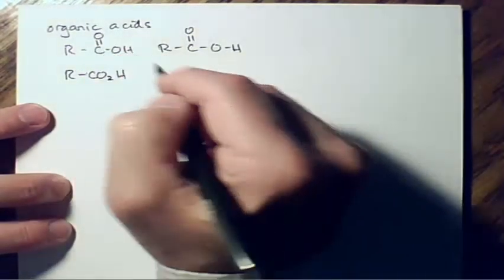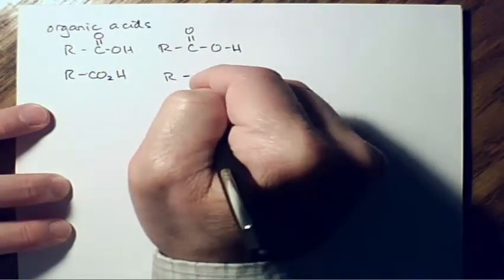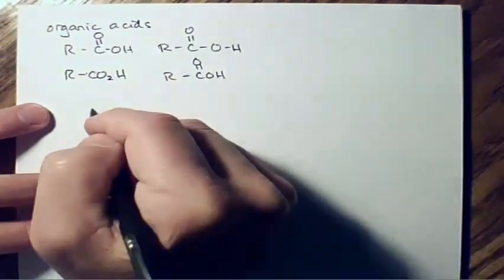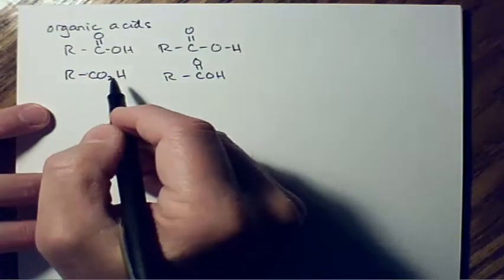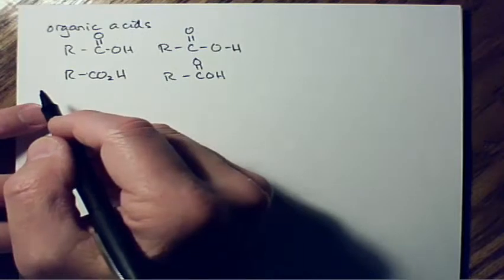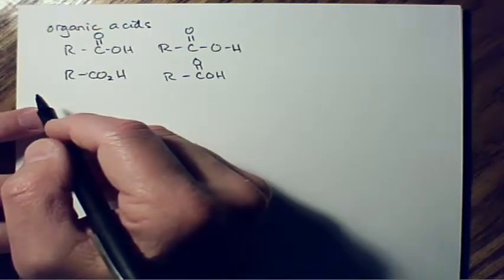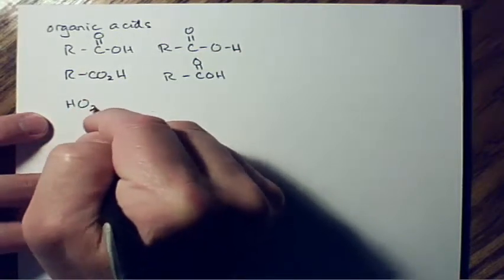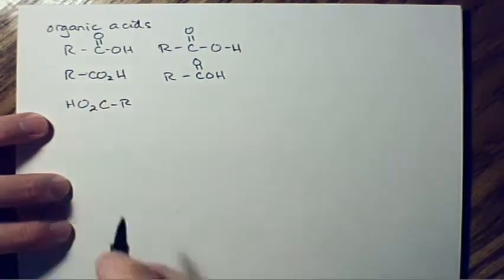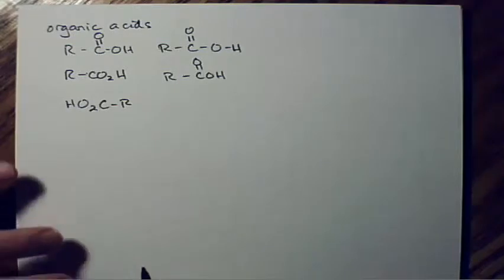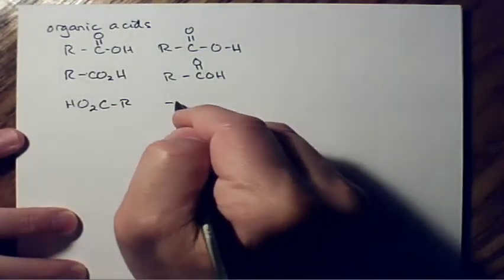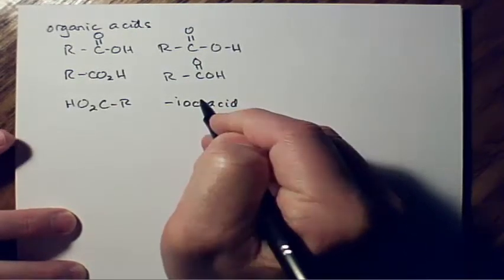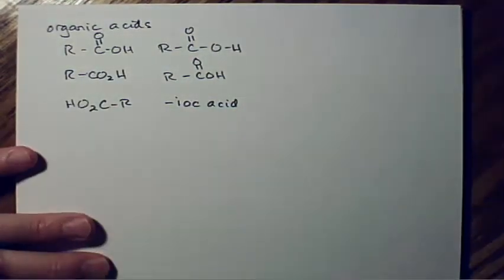I can write it without that dash there. They all mean the same thing. If I needed to put this functional group on the left side of some other organic structure, I might write it like this. They all mean the same thing. And the suffix for these is -oic and the word acid.